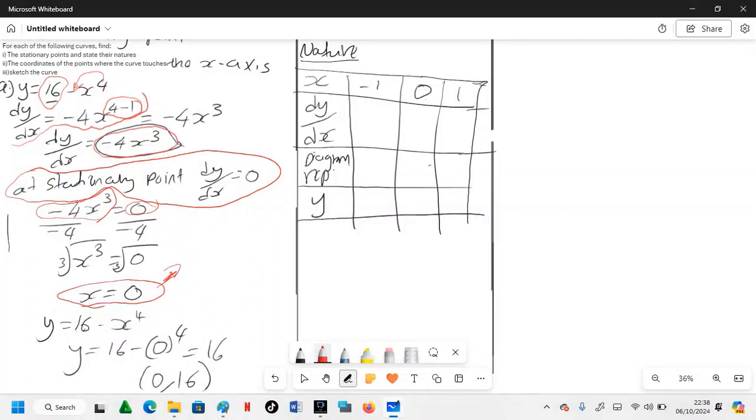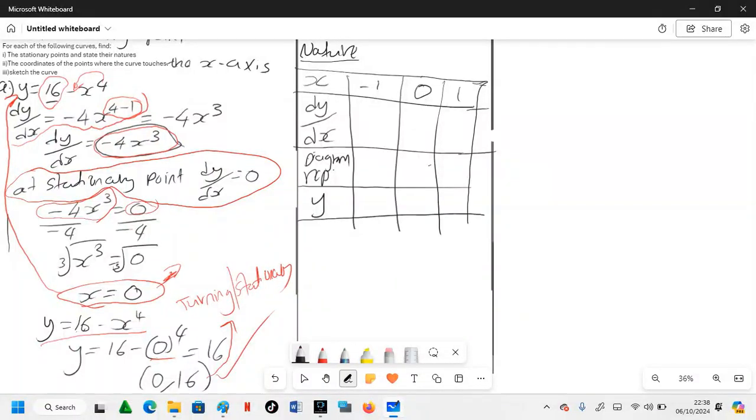And therefore we need to find y, so we put our x back into our equation of y, which is y is 16 minus x to the power of 4. So y becomes 16 minus 0 to the power of 4, which gives us 16. So you see this point is our turning point, also called our stationary point, right? So that's the first part of the question we have completed, finding the turning point.